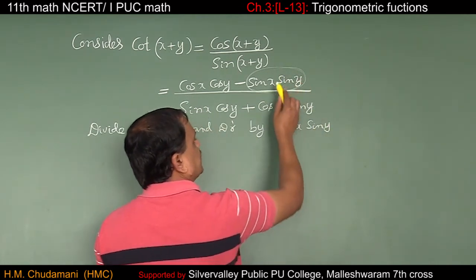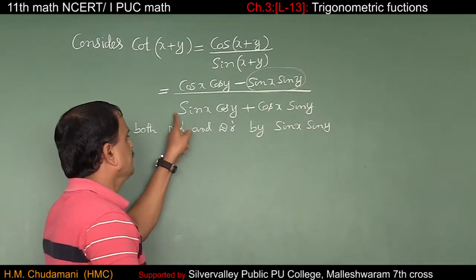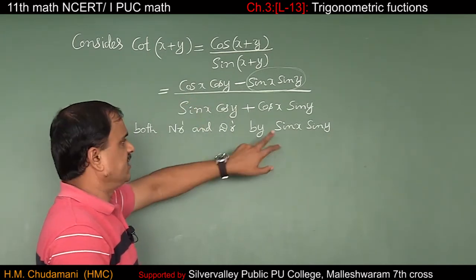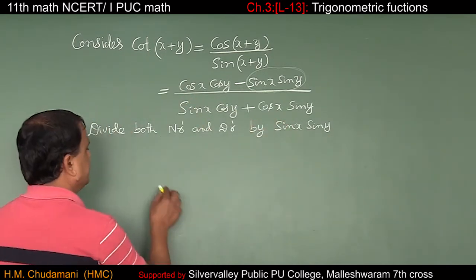I should get 1 here, whereas in case of tan, I should get 1 in the denominator. That's why there we divided by cos x cos y, here we divide by sin x sin y.